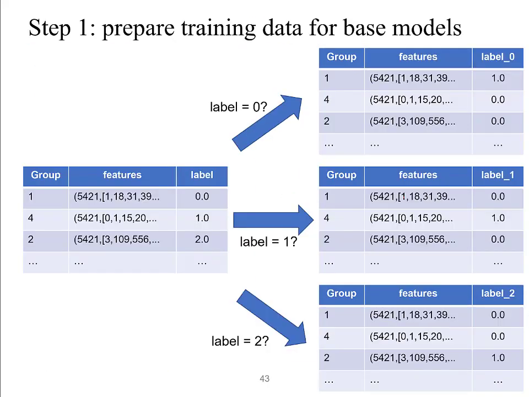Then in step 1, when we prepare the training data for base models, we need to also convert this label using this one versus rest. In order to support the one versus rest classification problems, we need to add 3 more labels corresponding to whether the label equals 0 or not, whether the label equals 1 or not, and whether the label equals 2 or not.